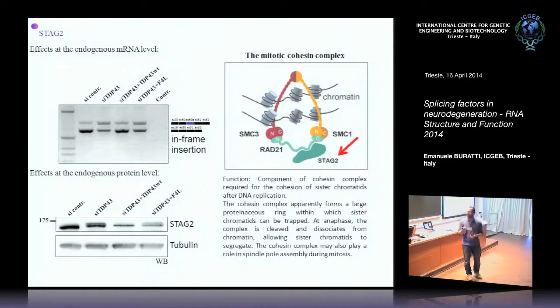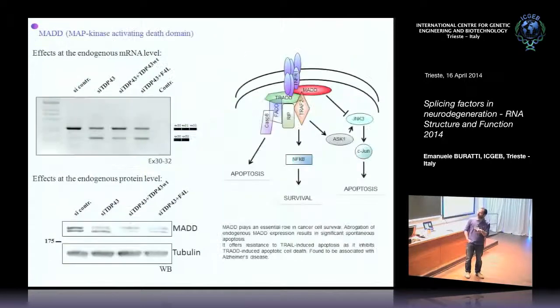And I'll just give you one example, that was completely unknown until we did this study. So this is the MAD gene, which is involved in apoptosis. Normally, in normal cells, you can see that this exon here, called exon 31, is more included inside the final mRNA than skipped.